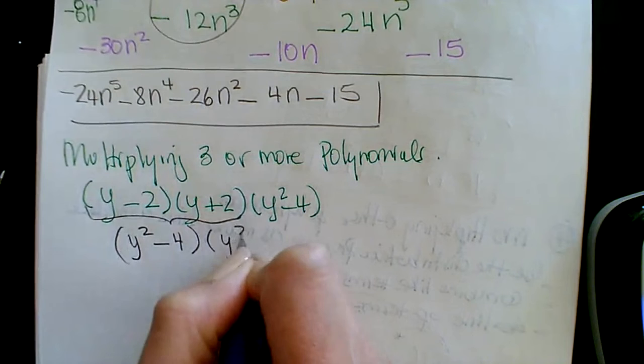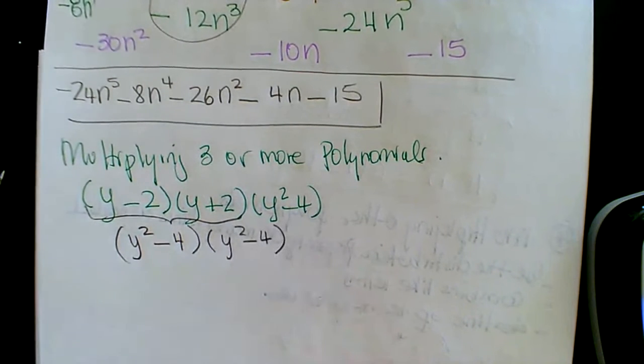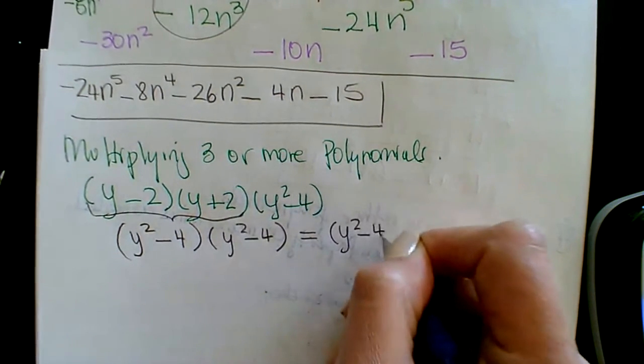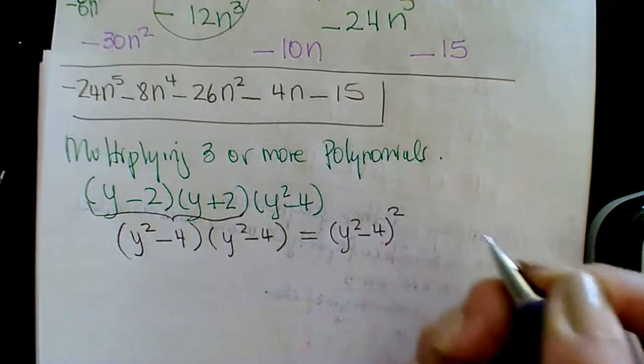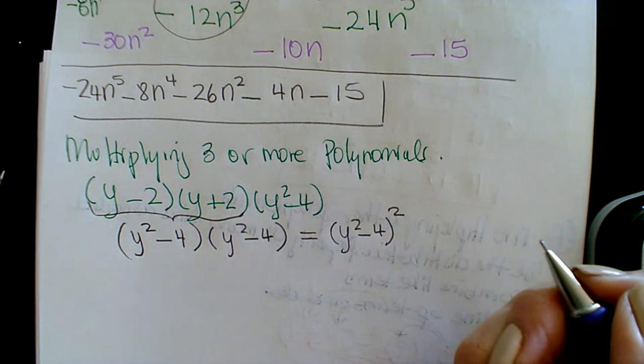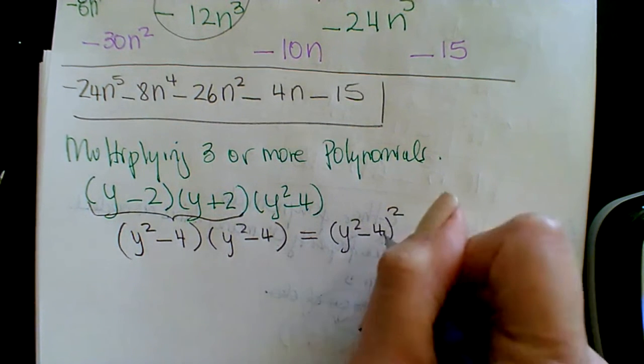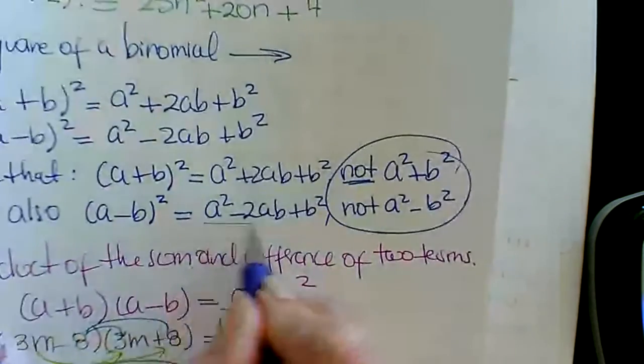Multiply this by this one. Okay, so what we have here is this. And this is the same as this one.